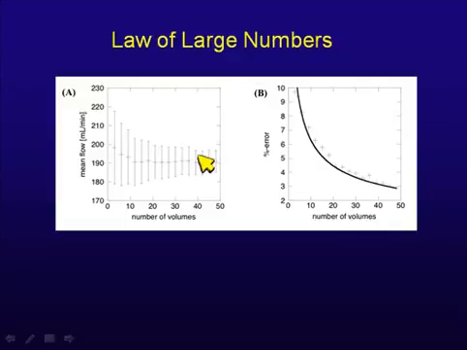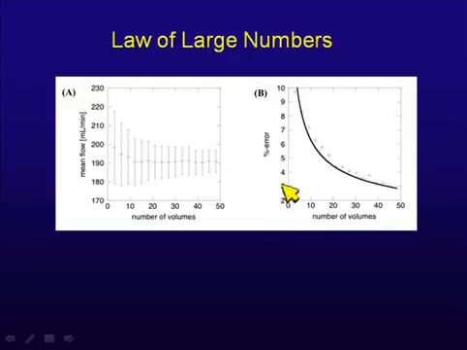Now this is a characteristic of the fact that we were using a mechanical scanner. If we could have done this with a 2D array, which is what's going to happen in the future, this kind of large number sampling will certainly be diminished. And you can see what happens as you do more and more samples, how the error falls off. And this falls off as 1 over root n, which is exactly what you would expect in this kind of circumstance.